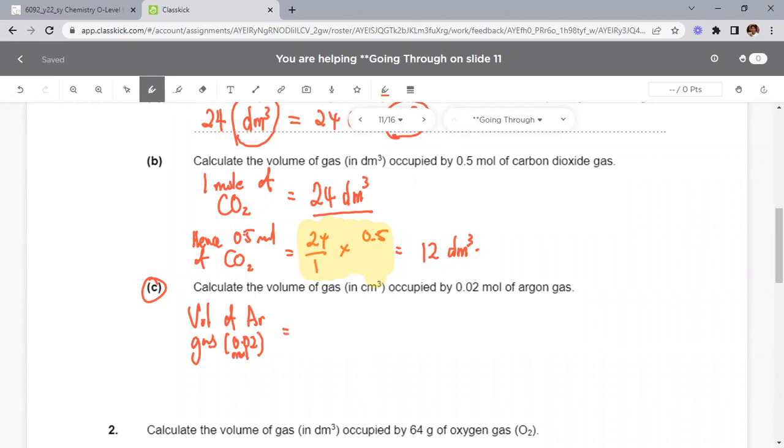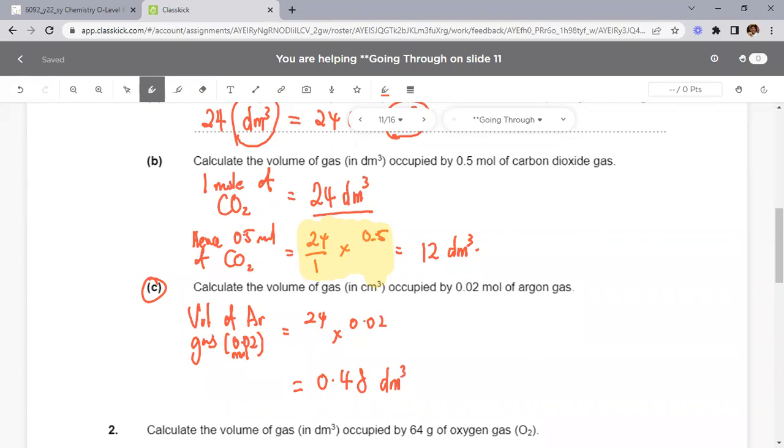So this will be taking 24 divided by 1 multiplied by 0.02, because I know 1 mole of argon gas is going to occupy 24 dm cube as well. So you realize after a while, you don't need to write the 1 over there. So 24 times 0.02, what you're going to get is 0.48 dm cube.